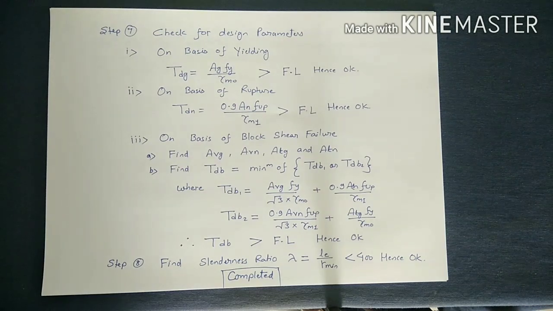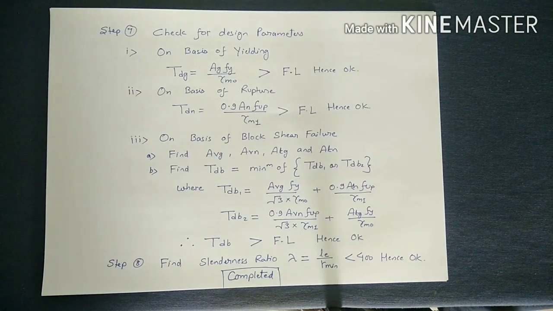Then you have to find TDB1 and TDB2 and the minimum value will give you the value of block shear failure. And this block shear failure should be greater than factor load. And if this situation is satisfied, then it is okay.